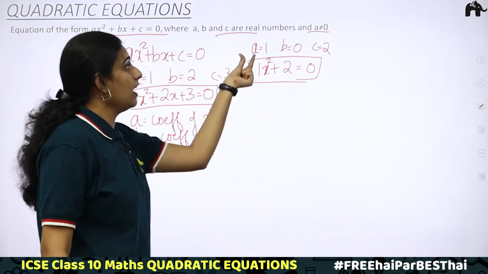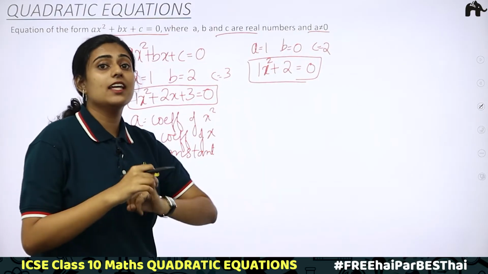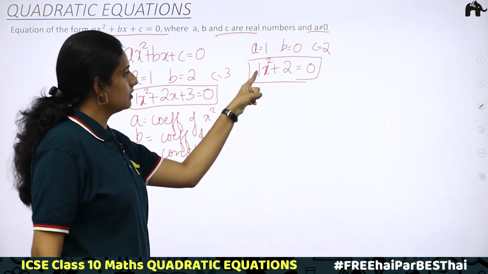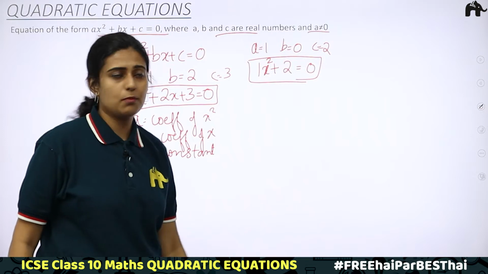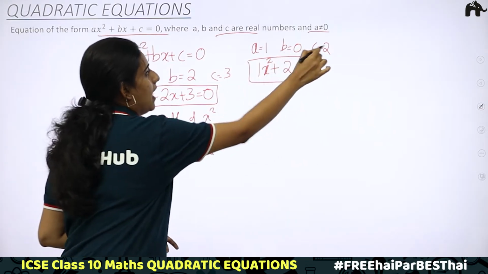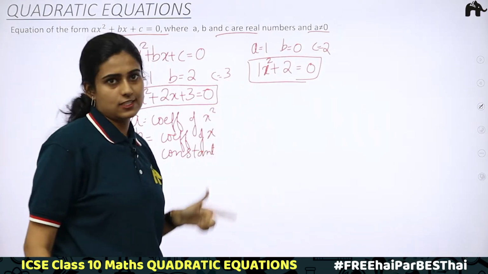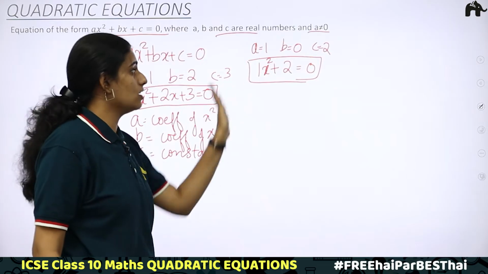Here a is not equal to 0. The first condition, highest degree of x should be 2. That is satisfied. Second condition, a, b, c should be real numbers. b is equal to 0, 0 is a real number. a is 1 and c is 2. That is also satisfied. Now the third condition, a not equal to 0. That is also satisfied. Here a is equal to 1.